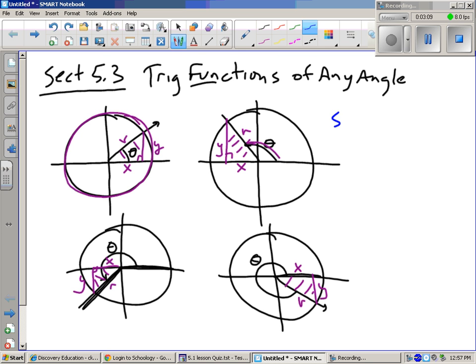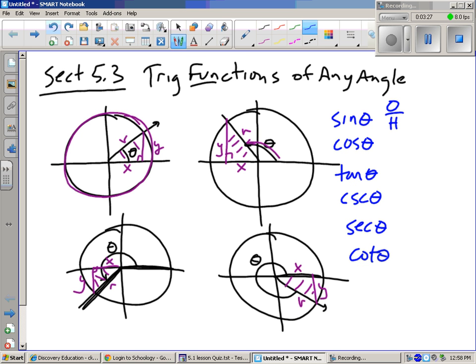Definitions for the sine of the angle, cosine, tangent, and then their equal twins, cosecant, secant, and cotangent. So instead of opposite over hypotenuse, looking at this one, if I have this as my angle, this is opposite and this is hypotenuse. That's y and r.